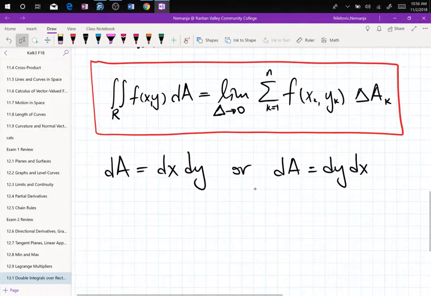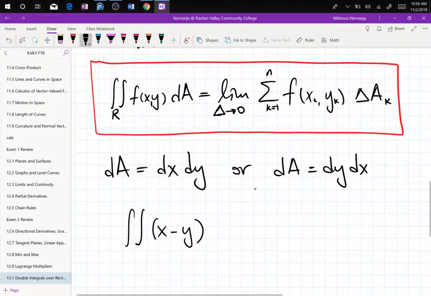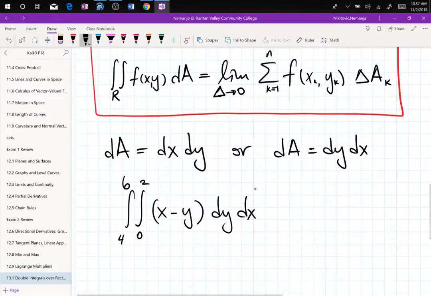Now that will give us the integral that will look like this: double integral of, let's say, x minus y dy dx, and we have to provide limits because the rectangular region has to be finite in order to be rectangular, right? So we must have a, b, c, d around. So I'll put some, I don't know, 0 to 2 and 4 to 6. It doesn't matter. We'll put some numbers here.